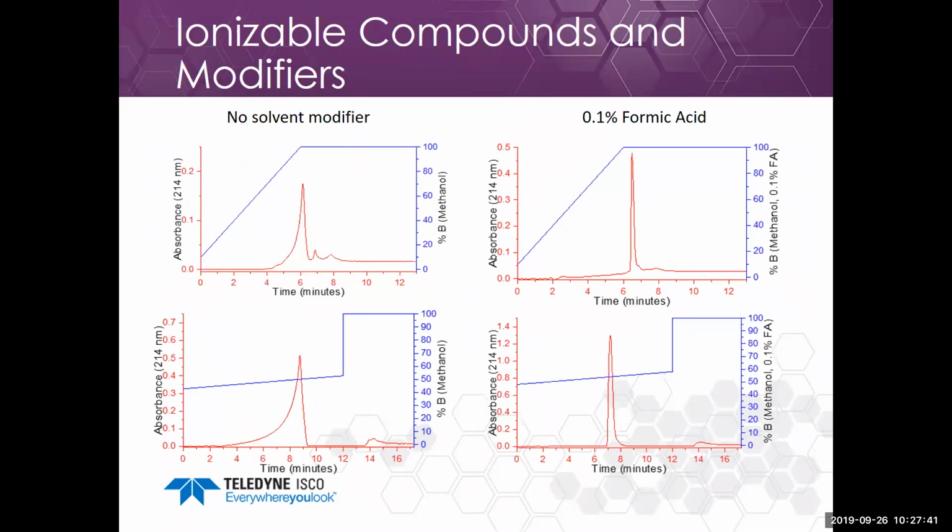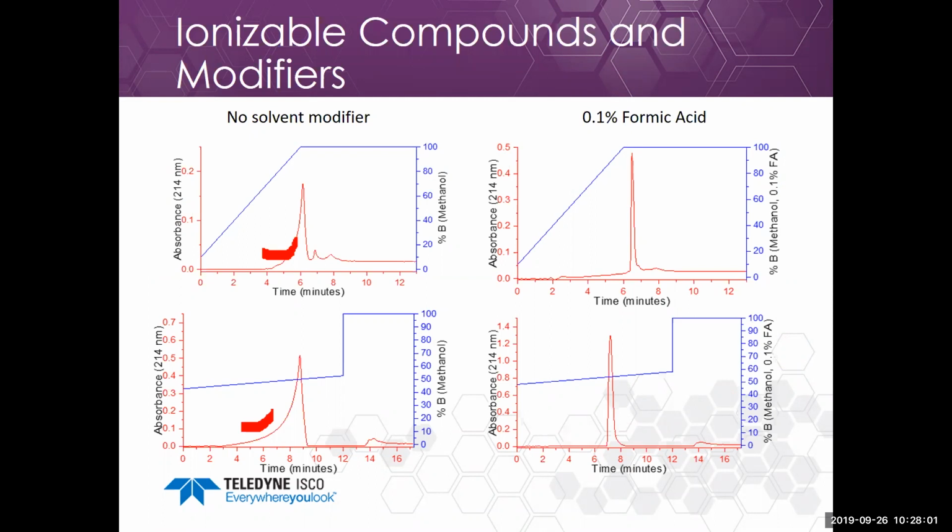Another example over here is salicylic acid. Again, the top runs are the scouting runs. The left is no solvent modifier, and look at the peak shape over here. You see that it's fronting, and that's what you see in the focus gradient, which at least worked this time.